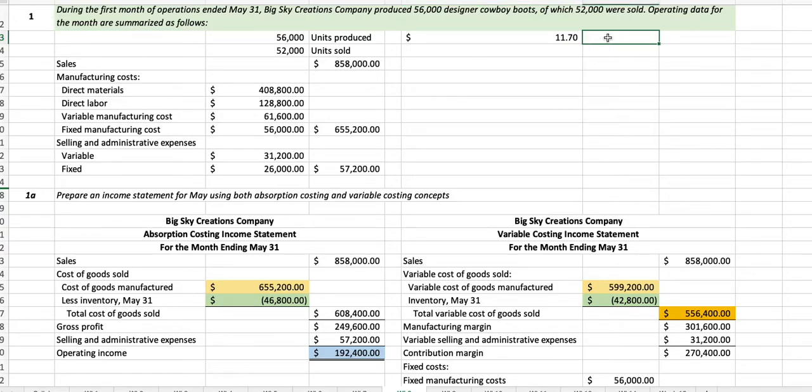But I also need to know how much did I leave in inventory. And while we can really quickly see that it's 4,000, I'm just going to do the calculation so that we can see that we have 4,000 units that cost $11.70. I'm just going to multiply these two together.